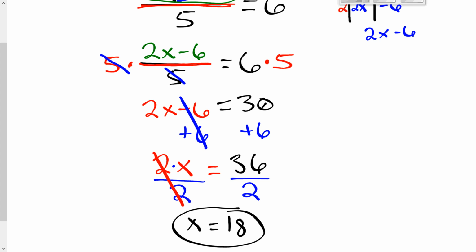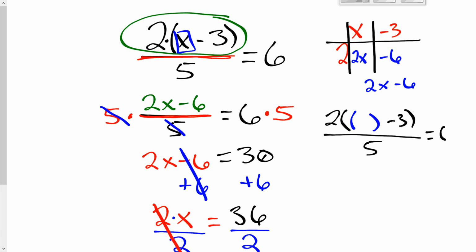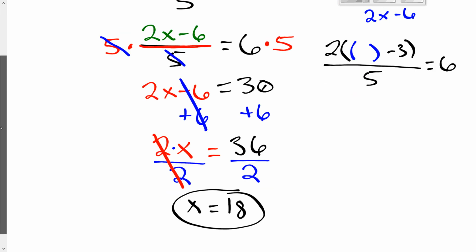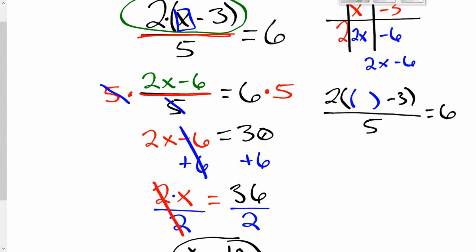Always, always, always check your work. So let's go back to my original equation. 2 times x, I'm just going to get a spot ready for x, minus 3, all divided by 5 equals 6. X is 18, hopefully. So let's plug 18 in there.